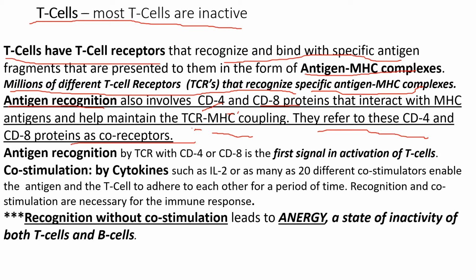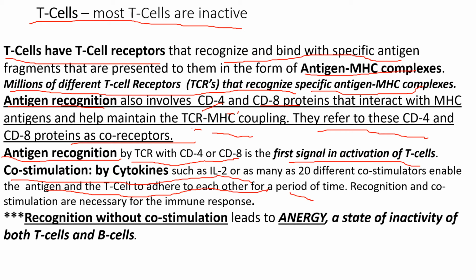Then we realize that antigen recognition by T cell receptors with CD4 or CD8 is the first signal to activate T cells. Then co-stimulation by cytokines such as interleukin-2 and as many as 20 other different co-stimulants enable the antigen and the T cell to adhere to each other for a period of time.